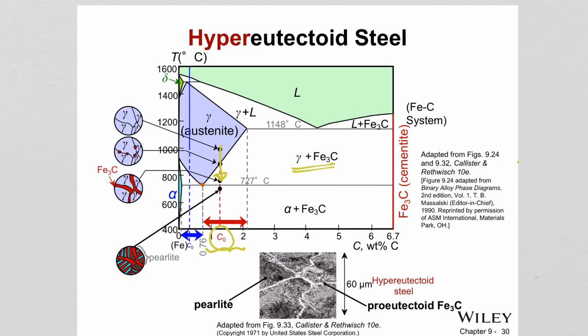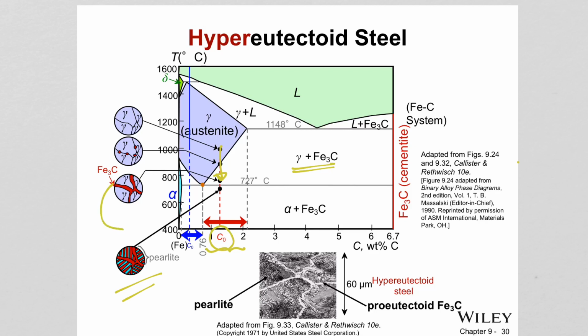Cementite is forming. Now I have gamma and cementite in equilibrium. Then if you are just above the eutectoid, you have again gamma and cementite, as you can see in the structure. And if you go below the eutectoid temperature, that gamma austenite forms alpha and cementite structure, as you can see here.